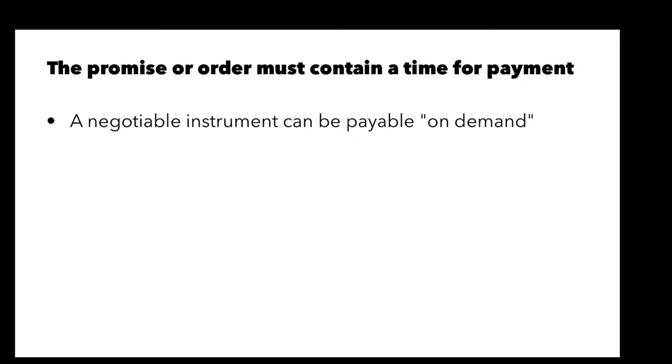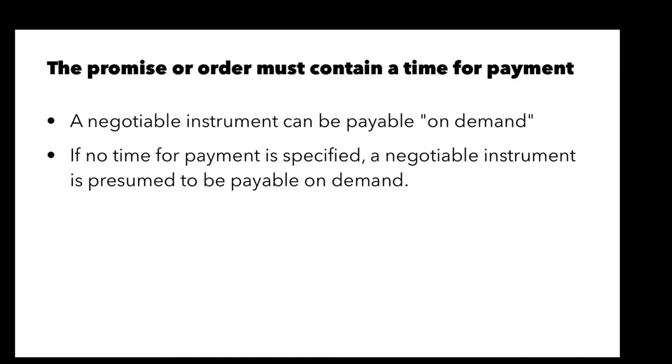Remember that an acceptor is a drawee who has accepted or agreed to pay an instrument when it's presented later for payment. It's also necessary to know when the obligations of secondary parties, such as endorsers, will arise. And of course, it's necessary to know when an instrument is due in order to calculate when the statute of limitations may apply.